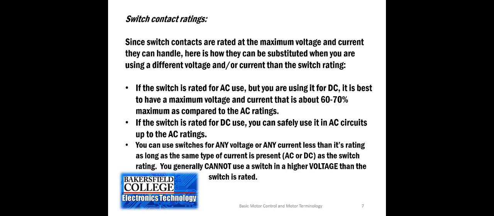So here's a little bit about how we can look at the switch contacts. If you're using a switch for AC, or if it's rated for AC, but you're using it on DC, then what you need to do is basically derate or reduce its rating to about 60 to 70%.